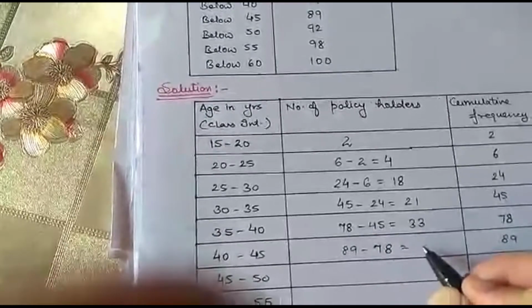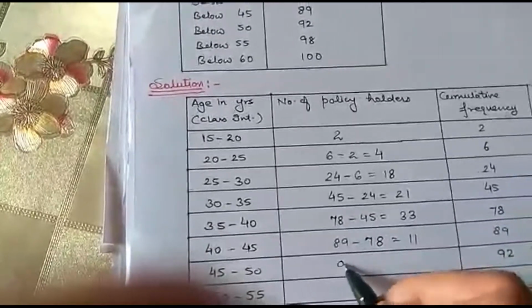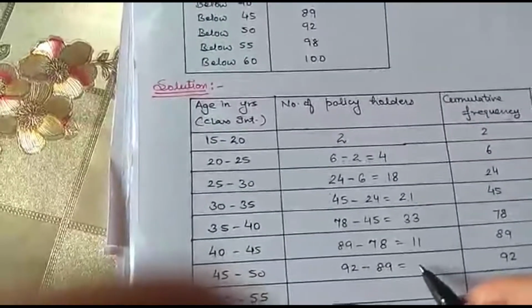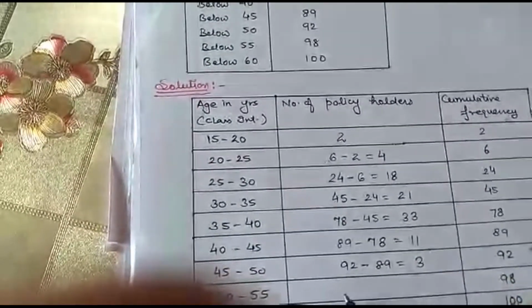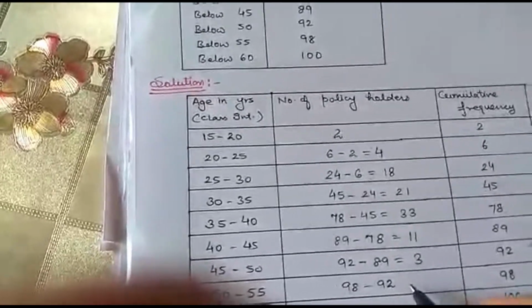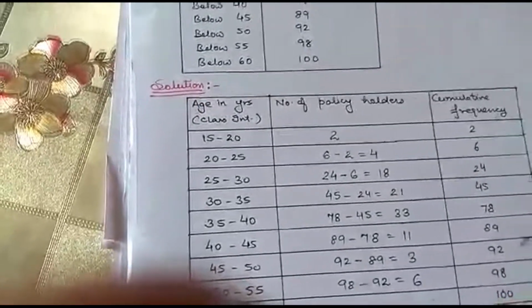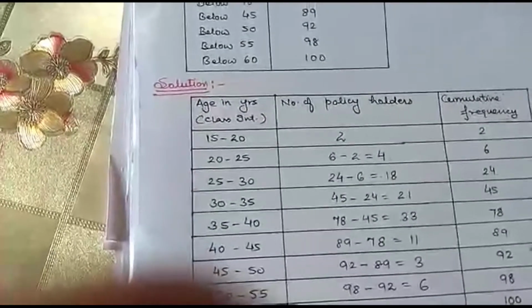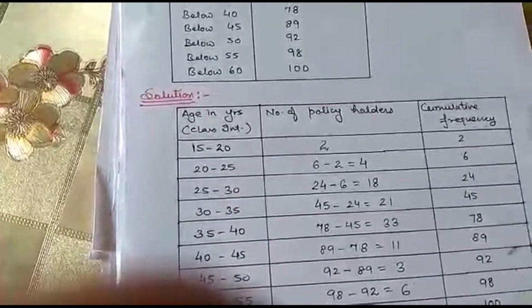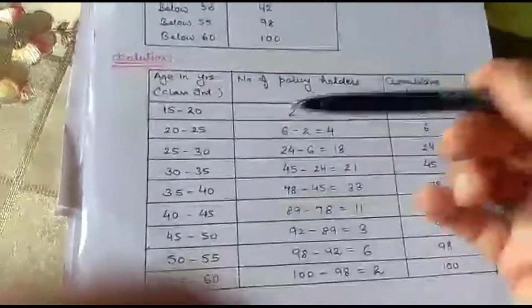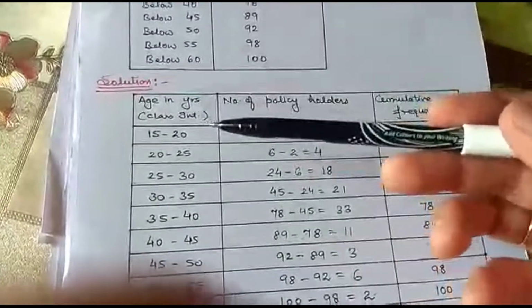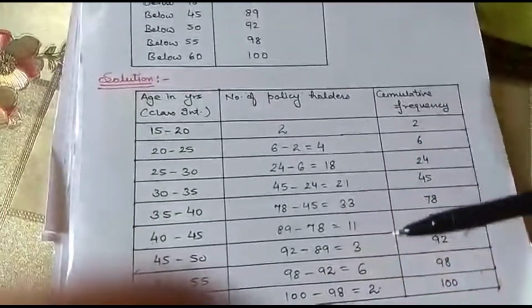So that is 11. Then 92 minus 89. So that is 3. Then 98 minus 92. So that is 6. 100 minus 98. That is 2.